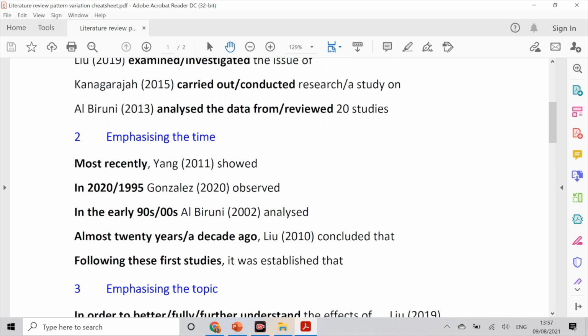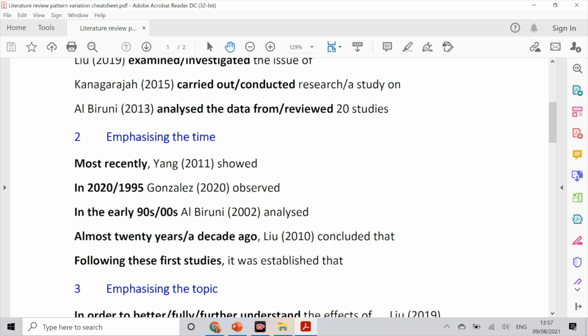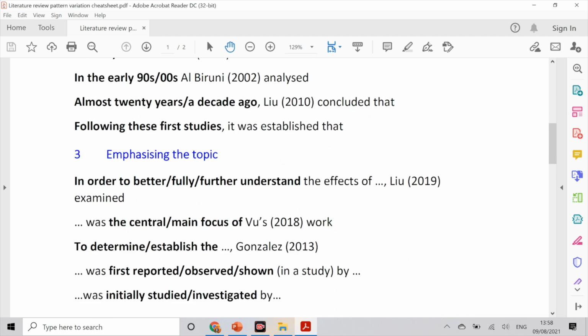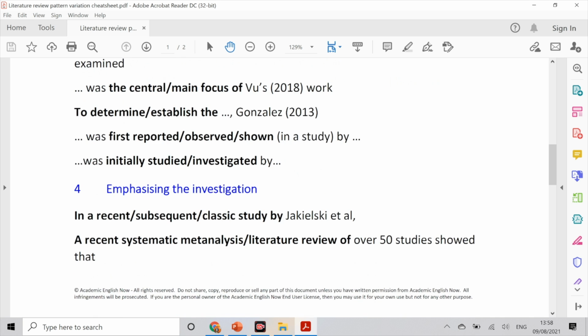So remember that, we emphasize time because time is important in that paragraph because there is chronological development. That's why I'm emphasizing the time. I'm emphasizing the topic because what I want to show is what the researchers did. What have been some of the topics that people have studied, right?